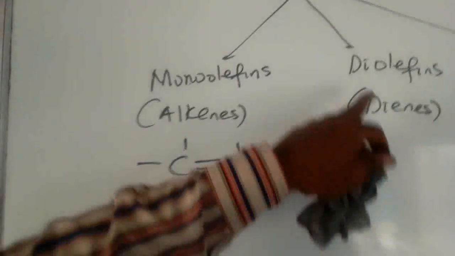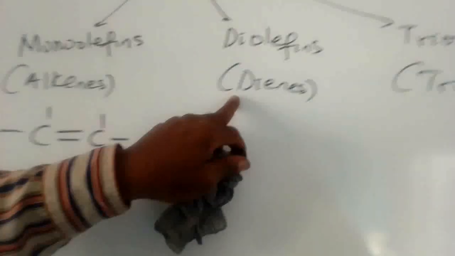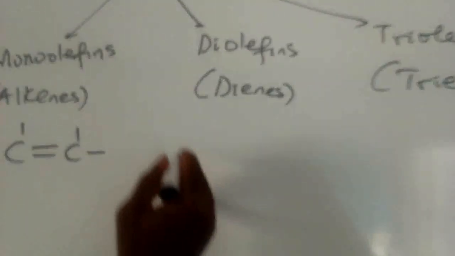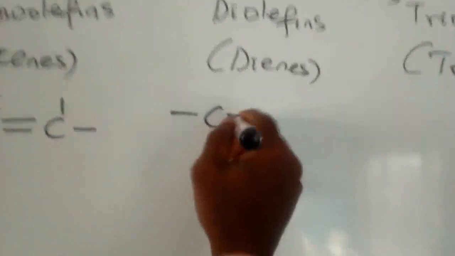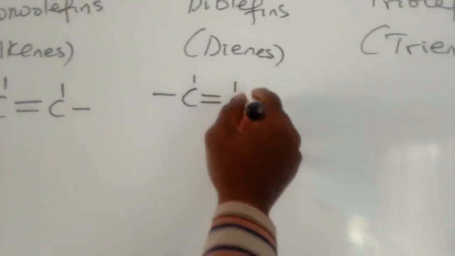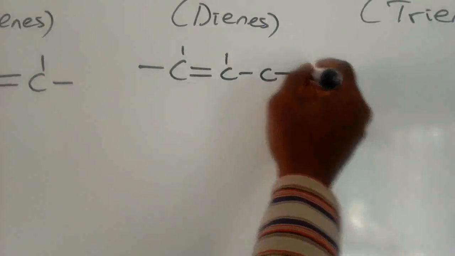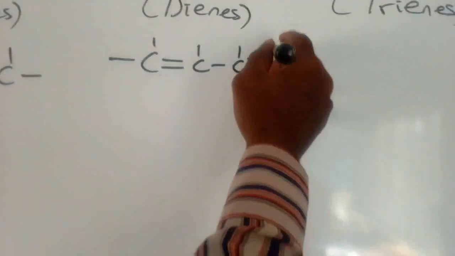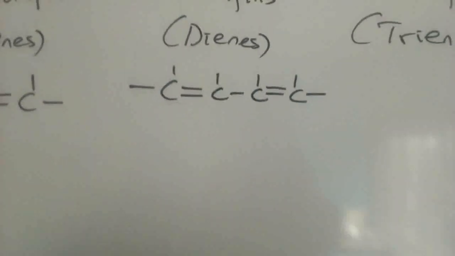Then we have the diolefins, that are known as dienes. An example of a diene is an alkene that contains 2 double bonds. This is a diene.